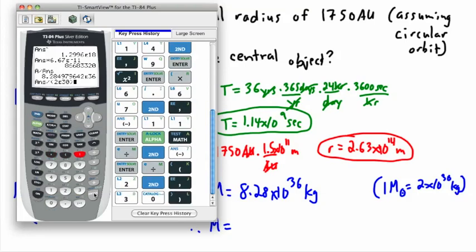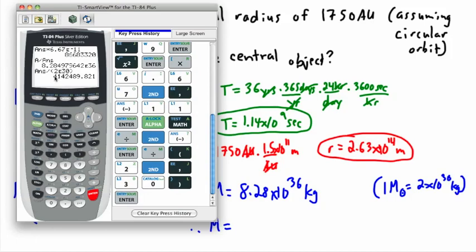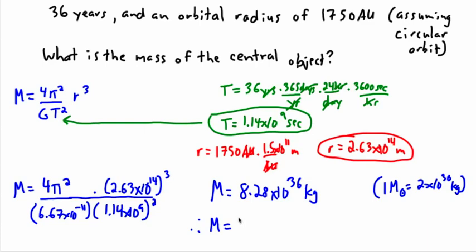And if I do that, I get 4.1 times 10 to the 6 solar masses.